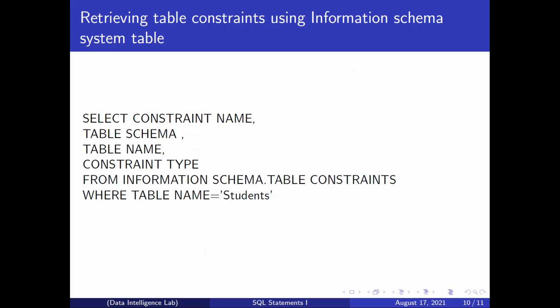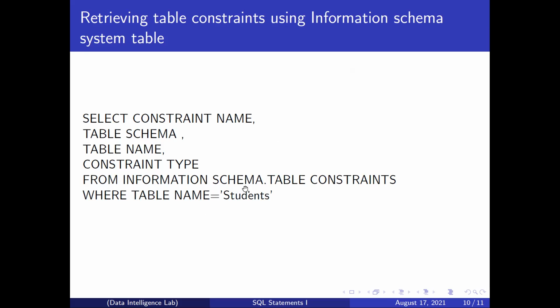Right, so having defined your table with various constraints, you might want to check the existing constraints on the table. And to do that, there's a system table that enables you to do that. The system table is called the information schema table. Remember, we saw the system tables folder in our SQL Management Studio, and it contains some tables. Those tables are used for internal data storage and retrieval.